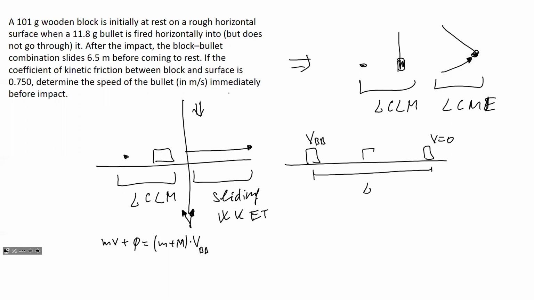In the middle, or somewhere between these points, we've got normal force acting on it, gravity, friction. Friction does work. So change in the kinetic energy has to be equal to work done by friction.